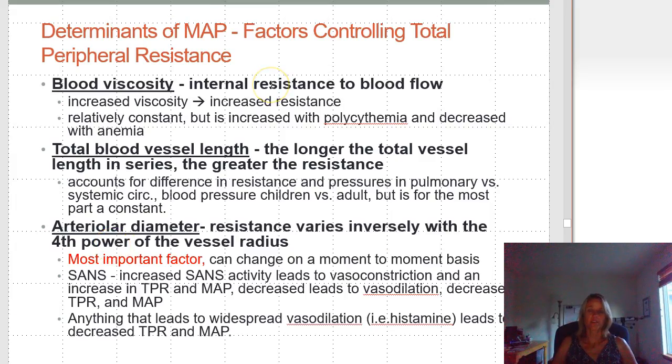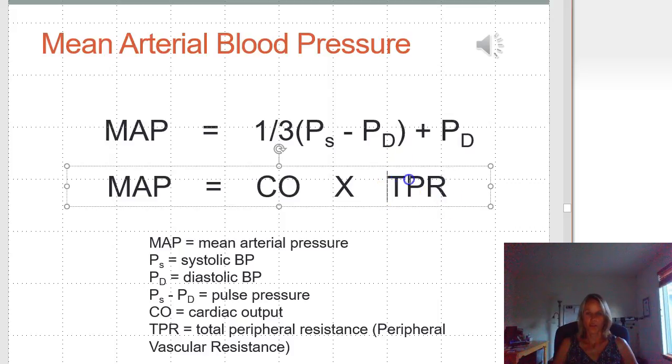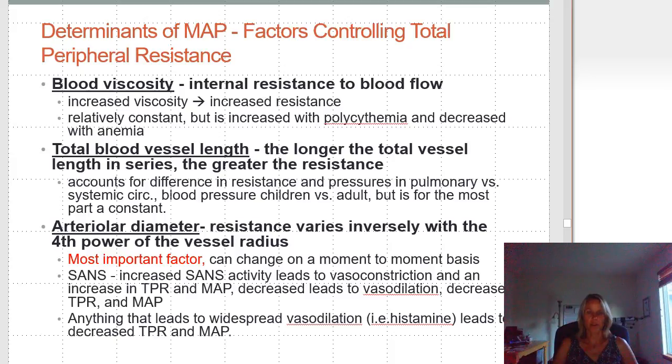Okay, so now let's look at the other end of that equation, the total peripheral resistance. So then the factors that affect that. There are three things. Blood viscosity, that's how thick or viscous the blood is. If we have increased viscosity, that's going to lead to increased resistance of blood flow, and that would increase the mean arterial pressure.